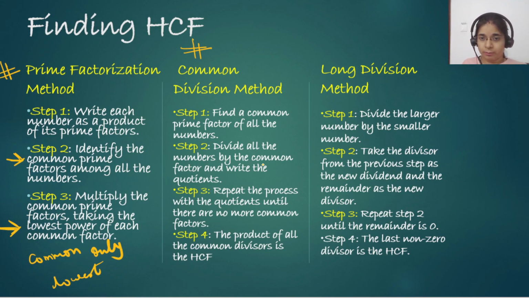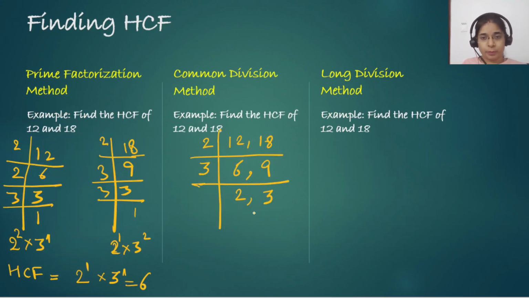So divide all the numbers by the common factor, write the quotients and repeat the process with the quotients until there are no more common factors. We don't have any common factors now, so we have to stop. And then the product of the common divisors is the HCF. In finding the HCF we will do the same method, but we stop when we reach 1 and 1.